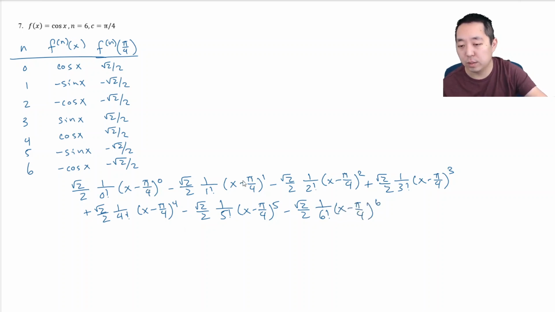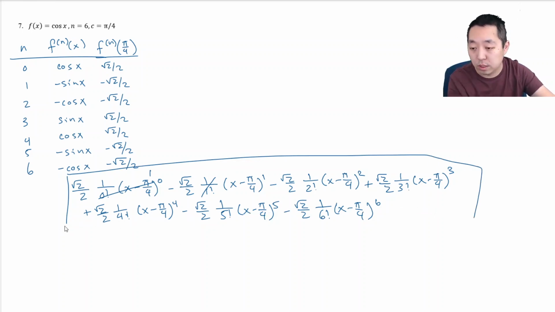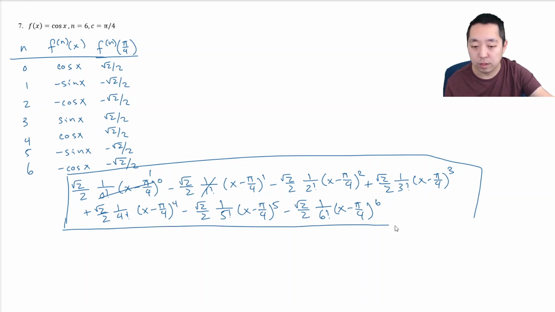And the only thing I would simplify is just to make this 1 right here. But that would be my answer. That would be sufficient. You could evaluate the factorials if you really wanted to, but they're going to be really big numbers.